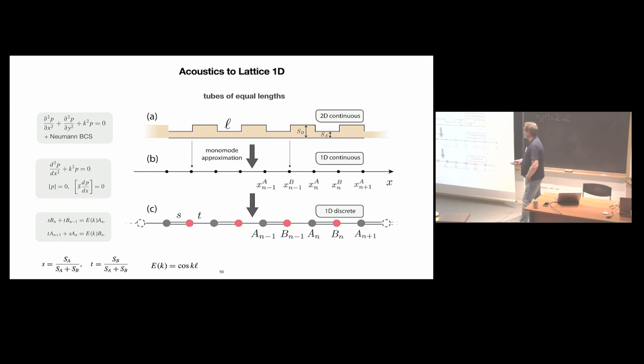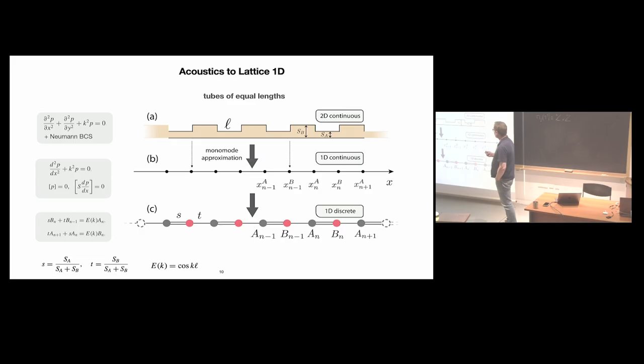So how does it work practically? Here I'm taking an example of a waveguide along the axis X, just 2D, with alternating widths that I call SB and SA, so it's SB, SA everywhere.